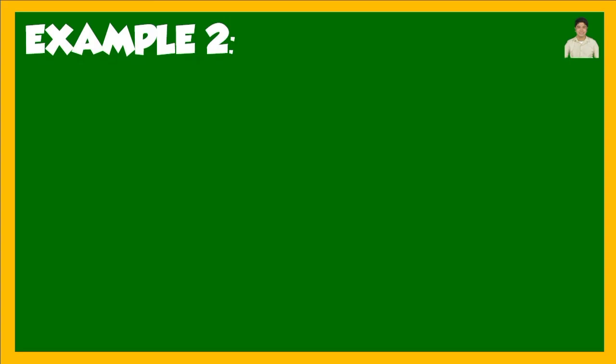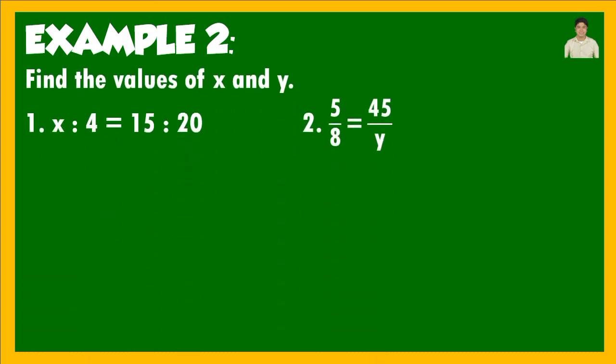So, para mas maintindihan po ninyo kung ano yung proportion lalo, so let's have the following examples. So, first one, x is to 4 is equal to 15 is to 20. So, kailangan po nating masolve yung value ng x para tingnan natin kung proportion ba sila. So, after natin makita yung value ng x, i-apply natin yung cross products.